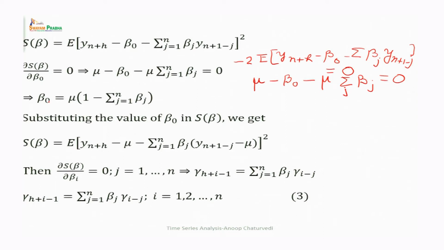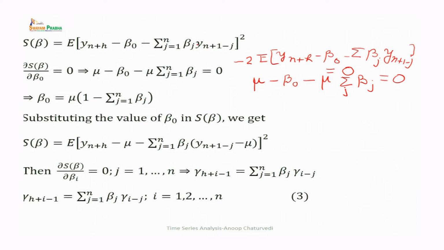Then, in the expression for S b, we substitute beta naught equal to mu into 1 minus summation beta j. If we substitute the value of beta naught here, then you get y n plus h minus mu. Then you have minus summation j equal to 1 to n beta j y n plus 1 minus j, and beta j you can take common, so you get minus mu.